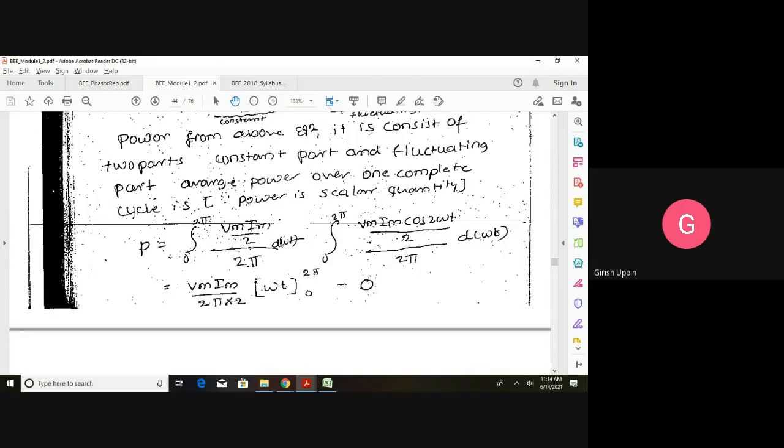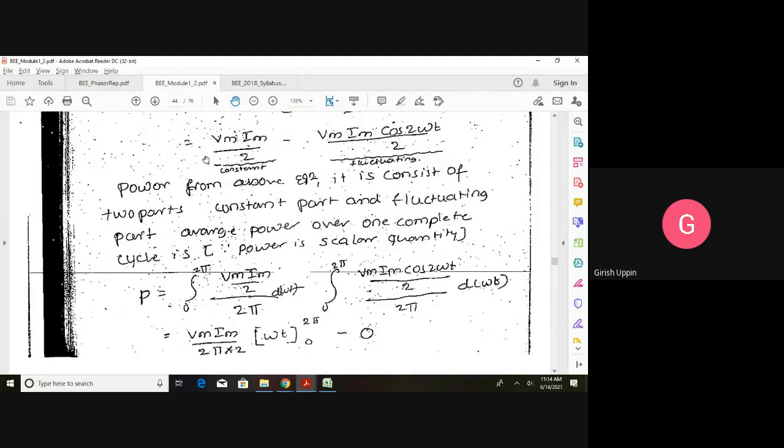On the left-hand side we integrate 0 to 2 pi, divided by 2 pi, Vm Im over 2 d omega t. Similarly, minus, we integrate the fluctuating part, that is 0 to 2 pi of Vm Im cos 2 omega t divided by 2, divided by 2 pi.